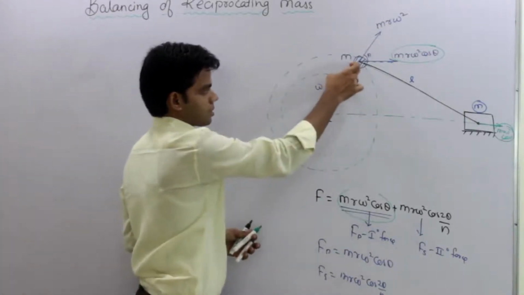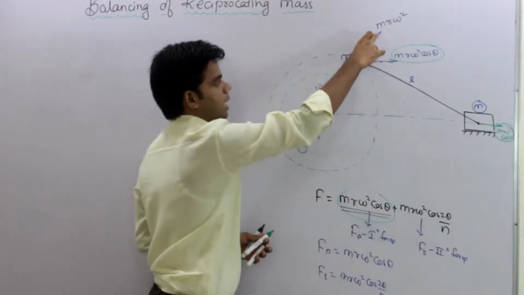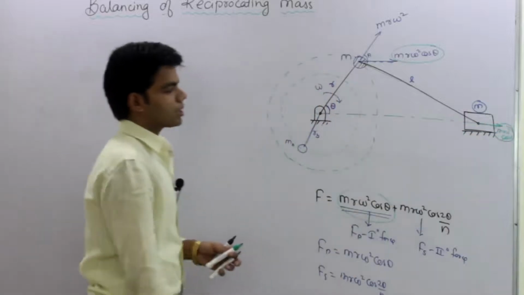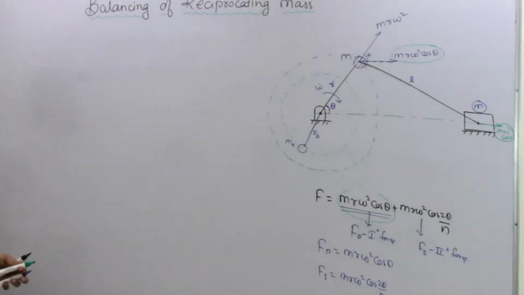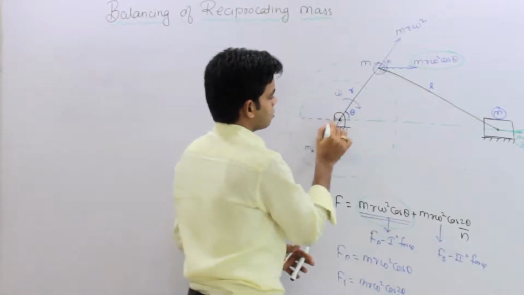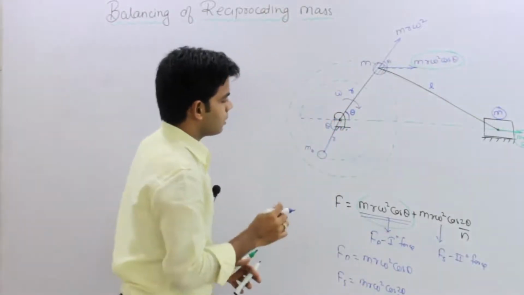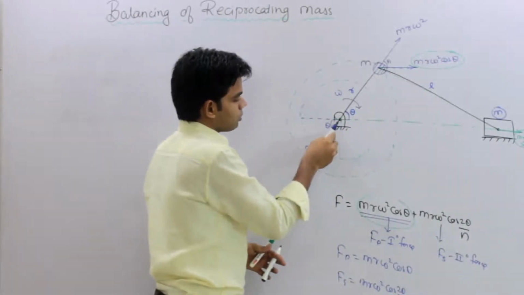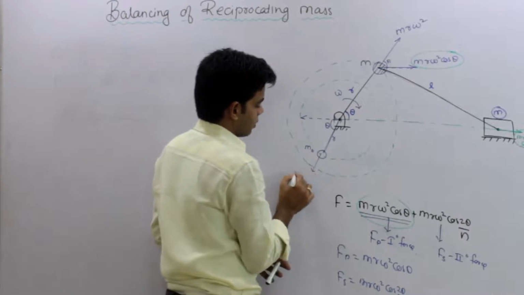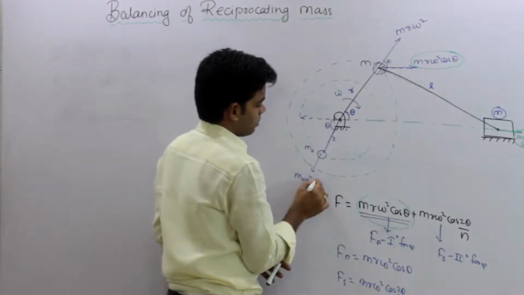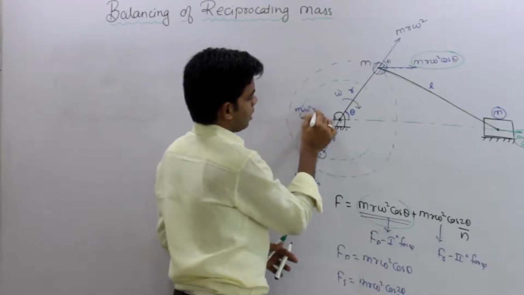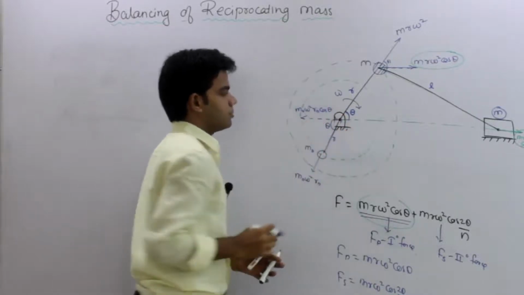Why do we want to balance this? Because the x component of this is the same as the primary force because of this reciprocating mass, which is mr omega square. Because this angle is theta, this angle will also be theta. So what will be the x component of this mb? Obviously the centrifugal force is mb omega square rb, so this component will be equal to mb omega square rb cos theta.